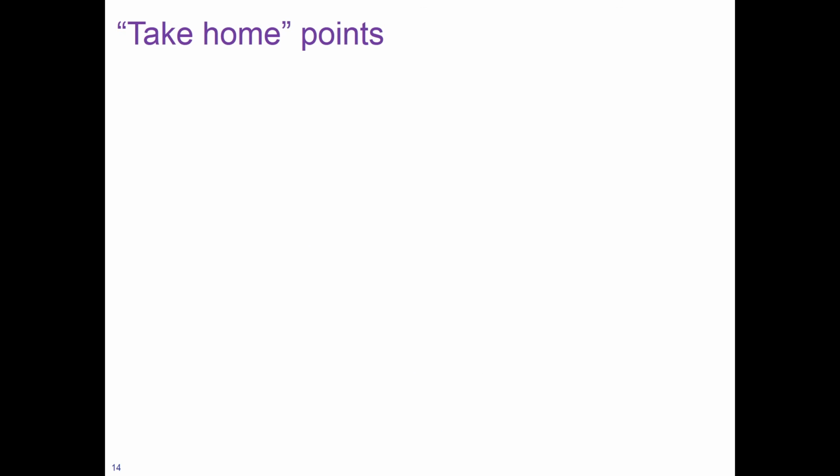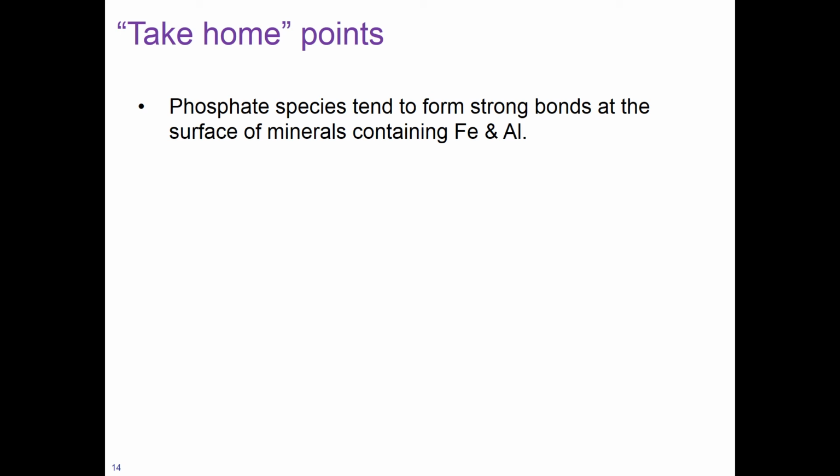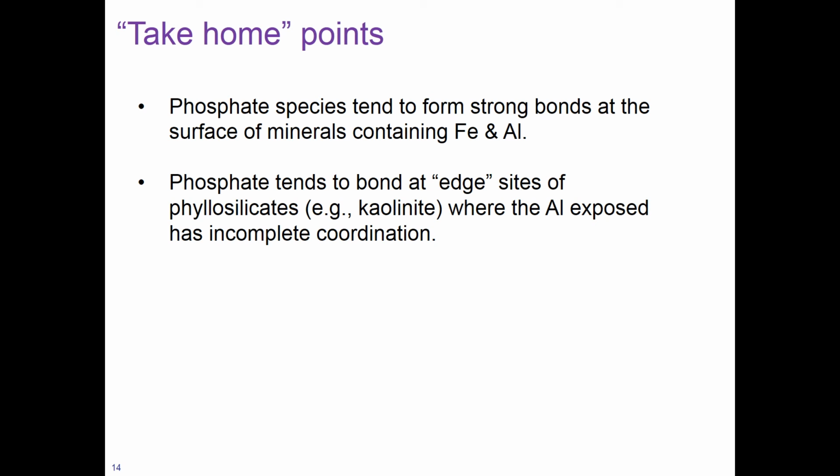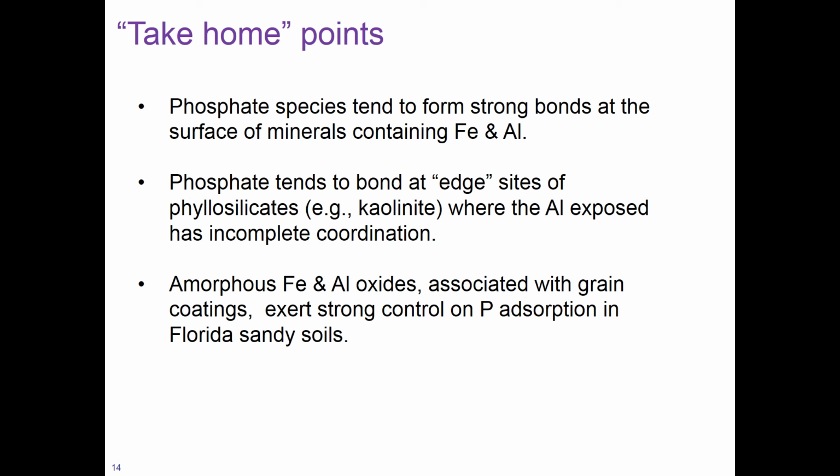My take-home points are that phosphate species tend to form strong bonds at the surface of minerals containing iron and aluminum. Phosphate tends to bond at edge sites of phyllosilicates such as kaolinite or hydroxylated vermiculite, where the aluminum exposed has incomplete coordination.